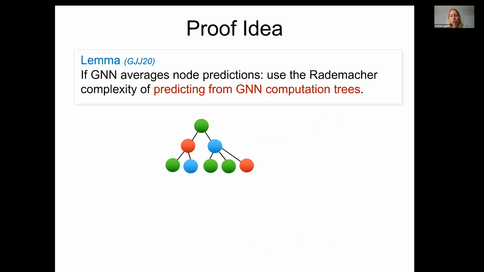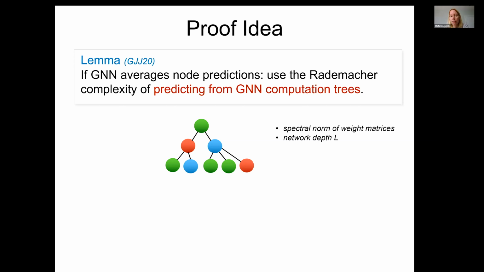The complexity parameters of that tree are essentially the network depth, which means the depth of that tree, how many iterations of message passing I'm doing, and the spectral norm of the weight matrices that I'm using in my aggregation functions. So these are two of the parameters. Now, permutation invariance still has to come in somewhere, and that comes in the aggregation functions.